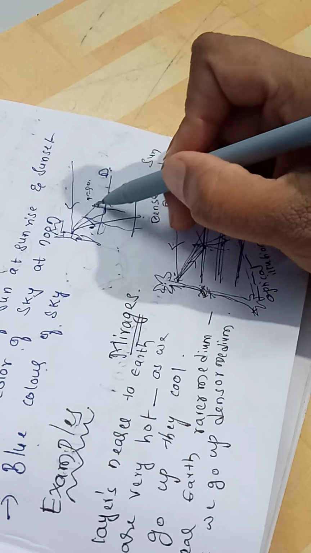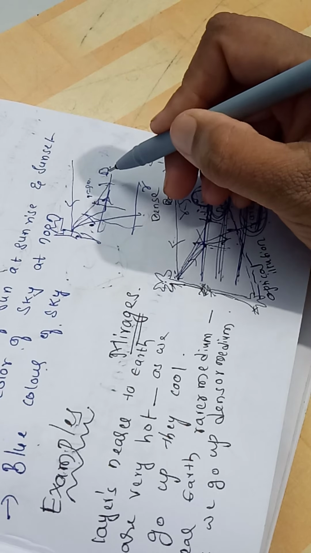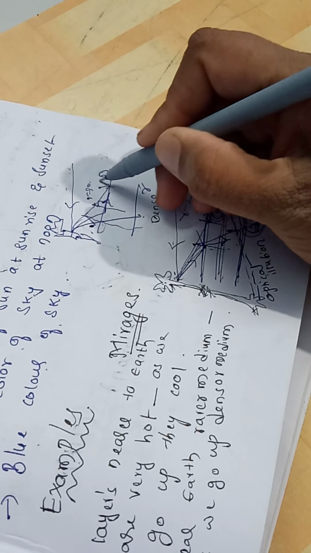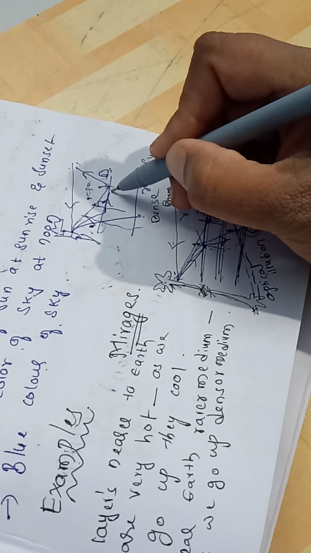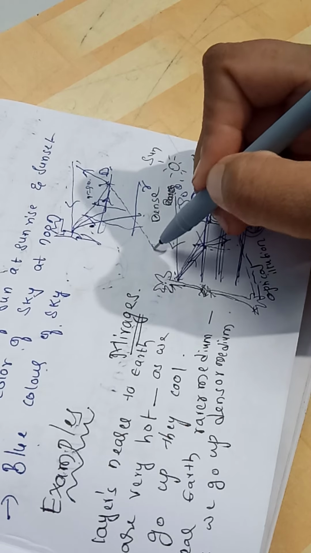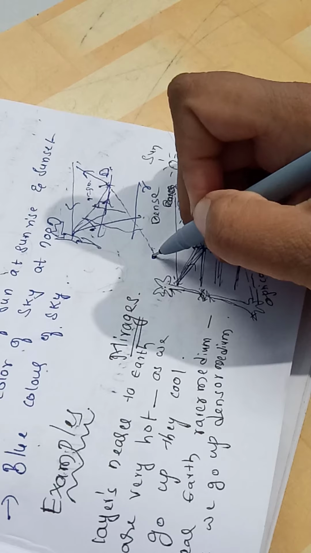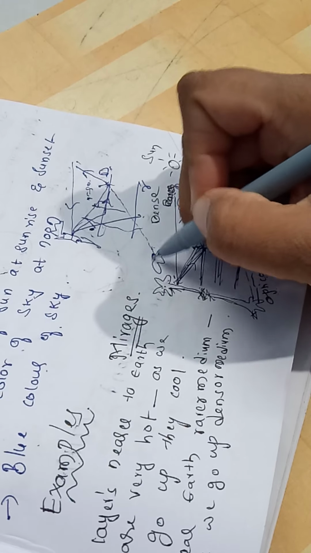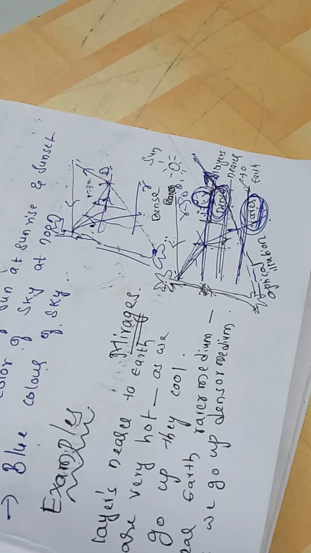When this angle of incidence becomes greater than the critical angle, then it reflects back into the denser medium itself, and the observer sees the image. These rays appear to be coming from this particular point. This is the virtual image or an optical illusion which a person sees due to total internal reflection.